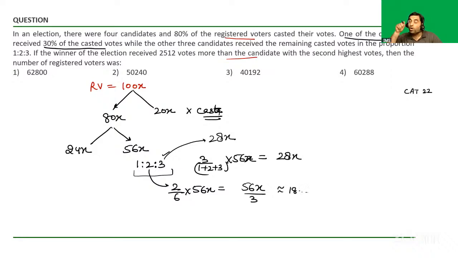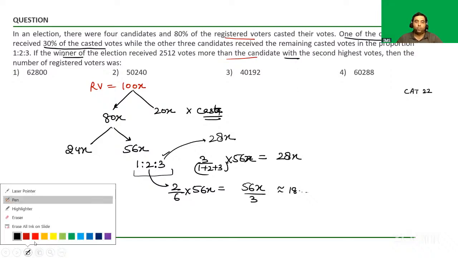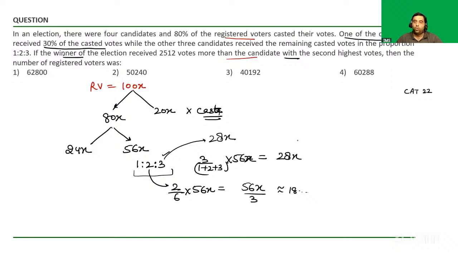Now, the important point here is that I'm least bothered about that value, because the question says the difference between the winner and the second highest. So I know the winner is the one who has got 28x, and therefore the second highest is 24x. Can I say so? And it's given the gap between these two.